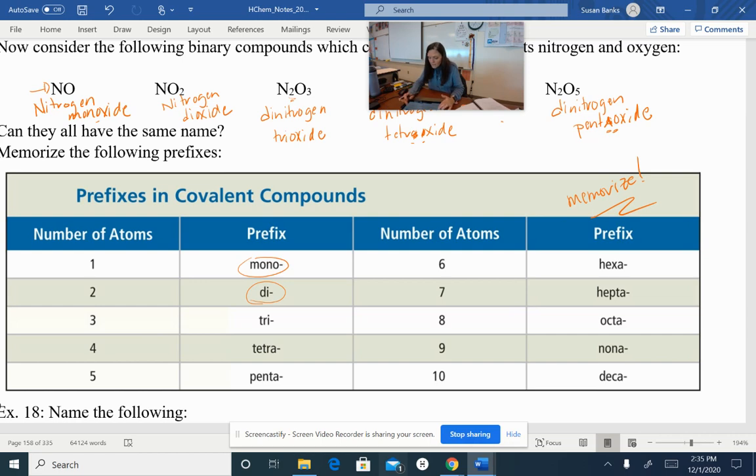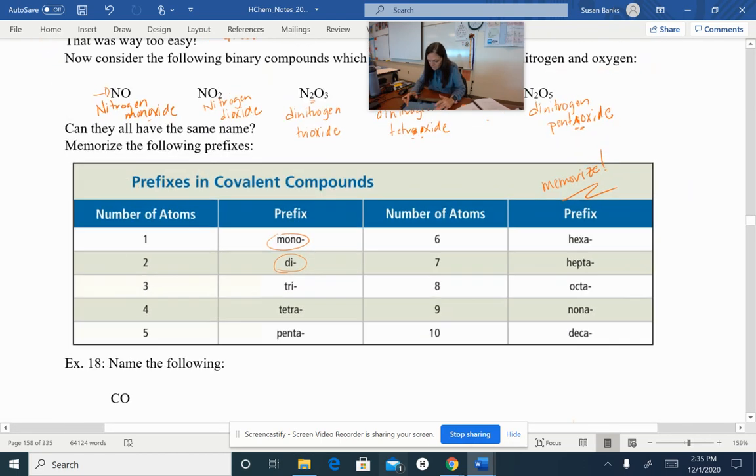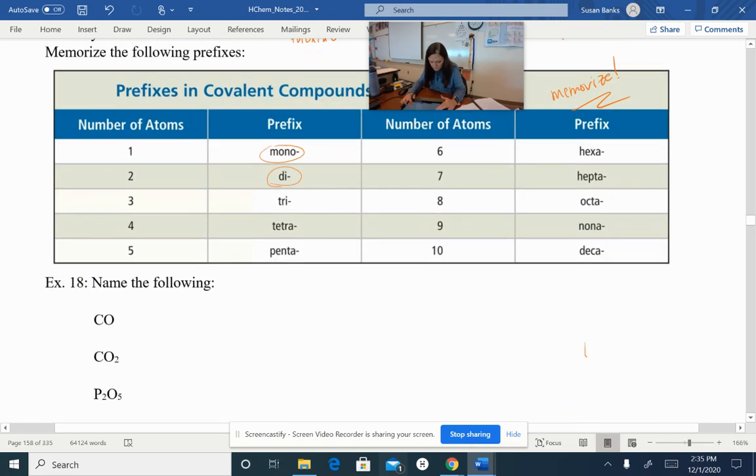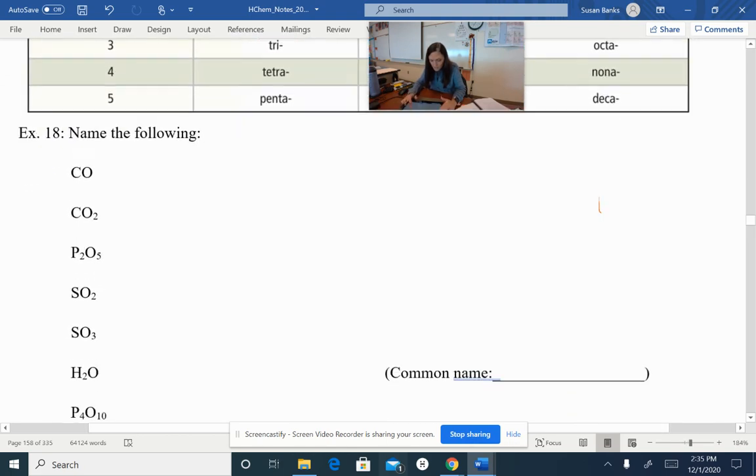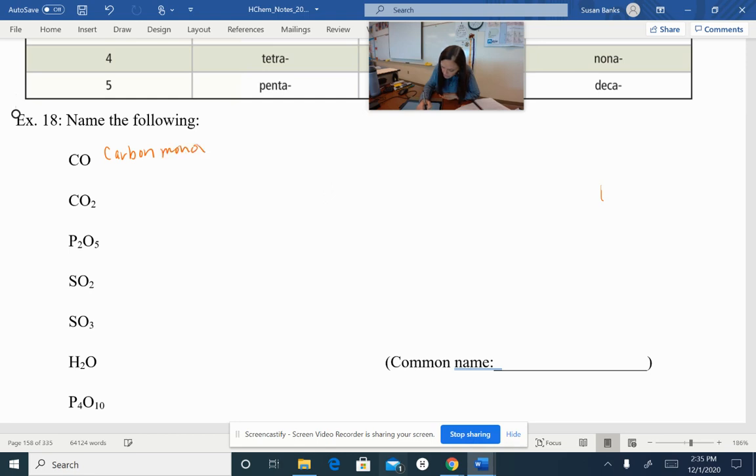Okay? So let's take some time and name some of these examples here. So we've got CO, we've got one of each. So carbon is our first element, and then we have one oxygen, so monoxide. This next one, we've got one carbon, so carbon.